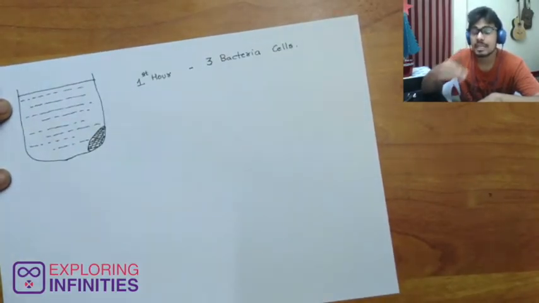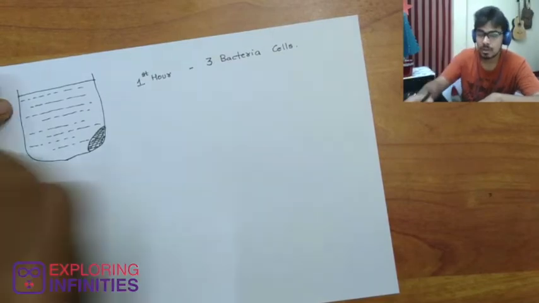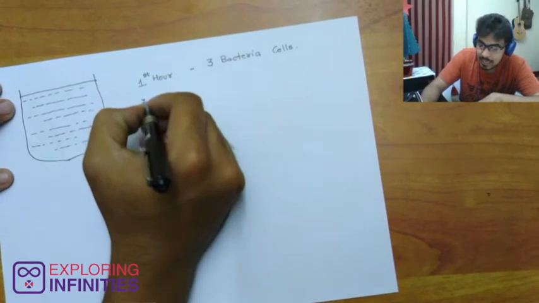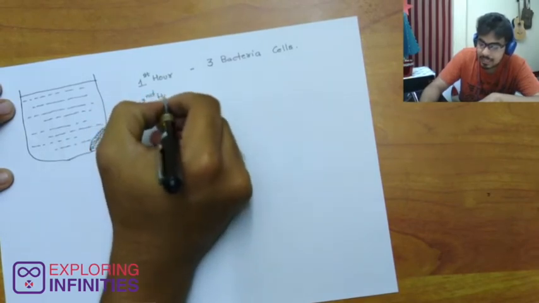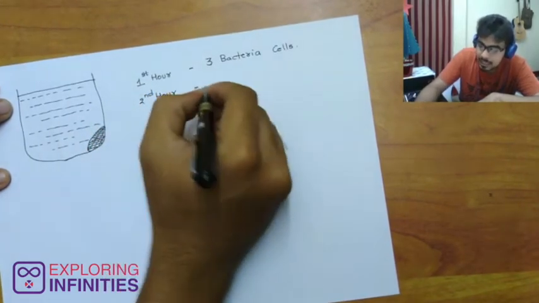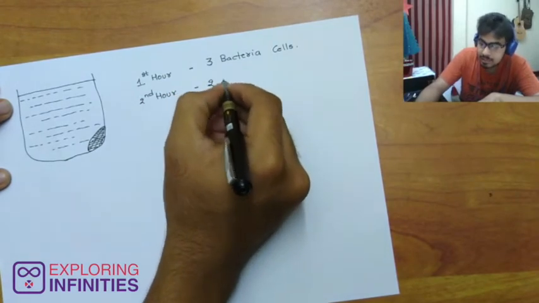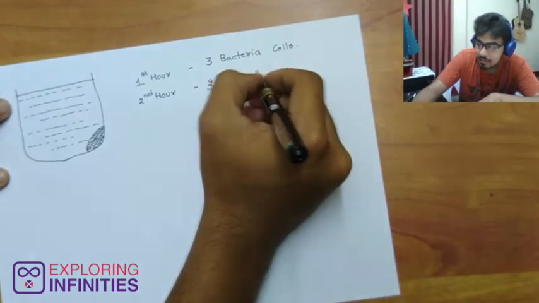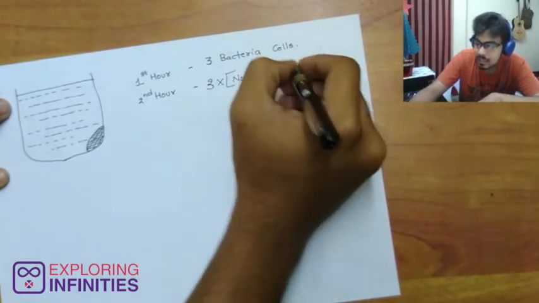That means increased by 3 times. So, if in first hour there are 3 bacteria cells, in second hour how many bacteria cells are there? 3 times number of bacteria cells, BC, bacteria cells in first hour.